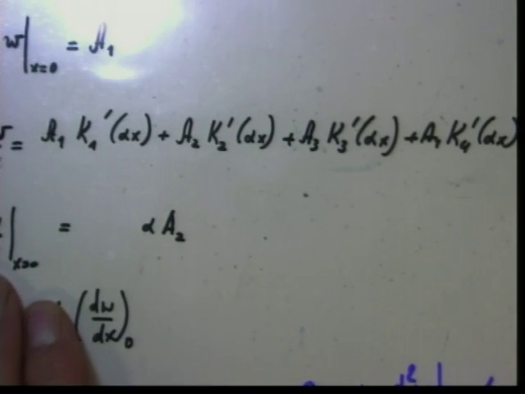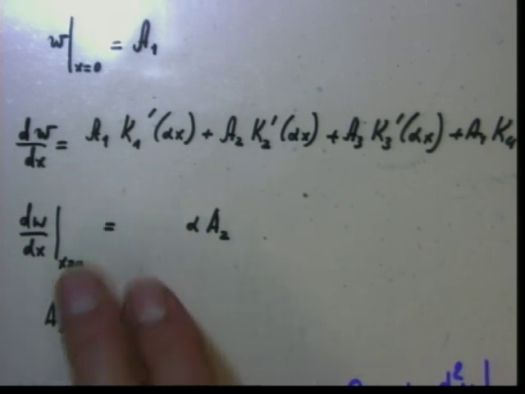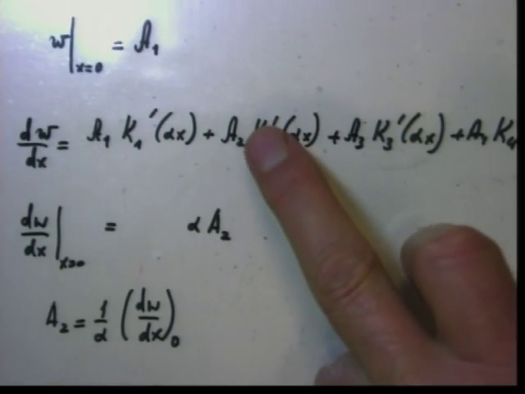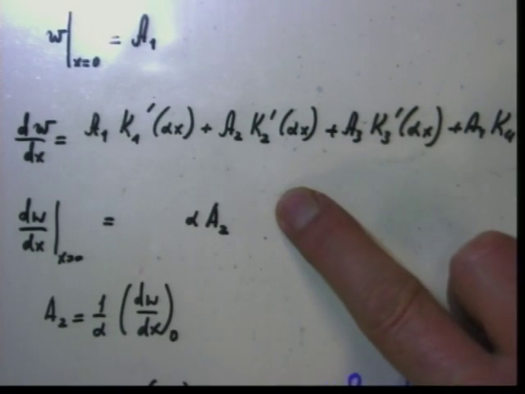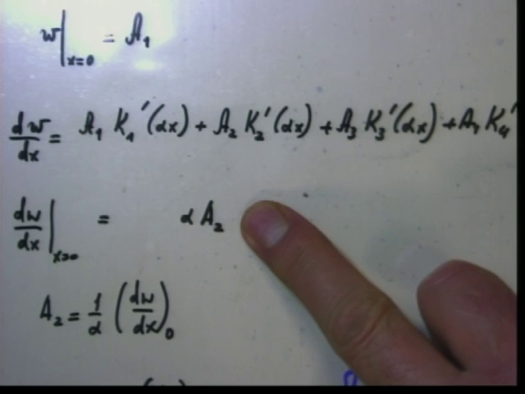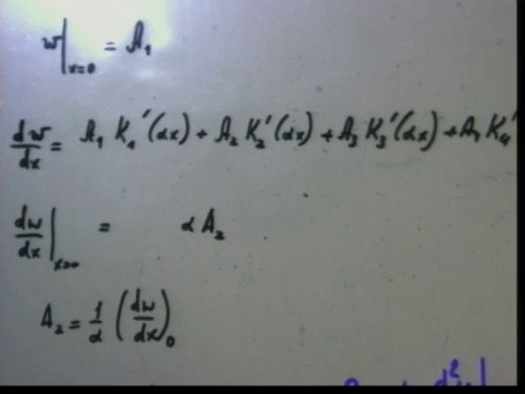Then the first derivative of w at x equals 0 equals alpha times a2, because k2's derivative is alpha k1, k1 at 0 equals 1, and the rest is 0. It's an awfully nice function he introduced.